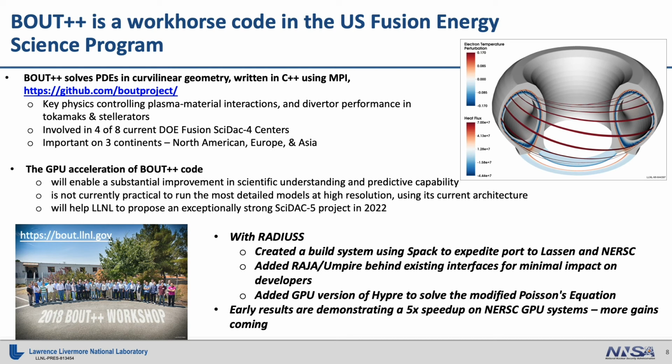And we adopted a GPU-friendly version of Hypre to replace their existing solver that solved their Poisson's equation. And again, early results are already demonstrating great speedups, and we think you're going to be able to do some really groundbreaking science as a result of this work.